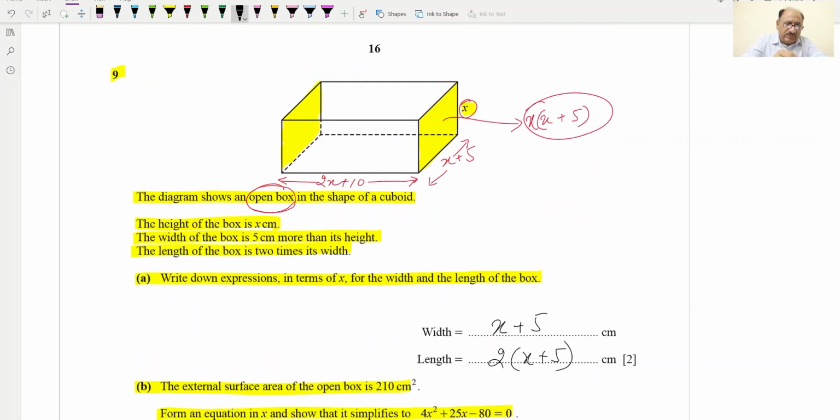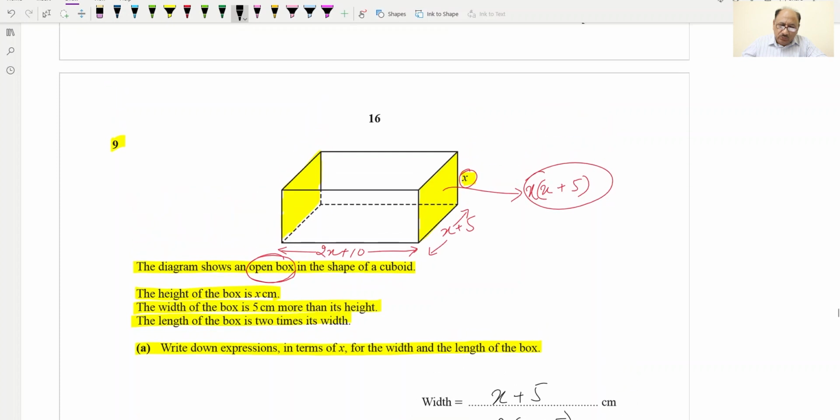Now we can take the second thing. I will shade it for you so that you can understand better. I am shading this side, the back one, and the front side also.